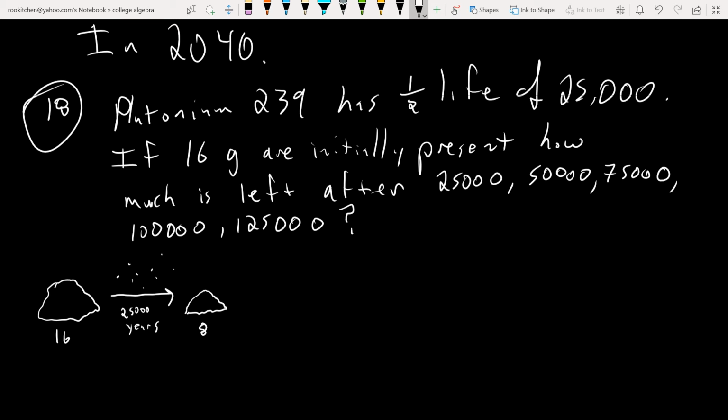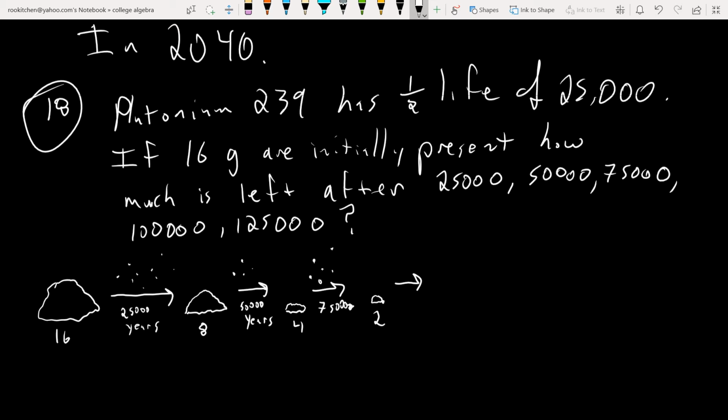So you can do it kind of in your head. After another 25,000 years, at 50,000 years, you're going to have 4 grams left over. Then after 75,000 years, you'll have 2 grams left, because another 25,000 years has passed.